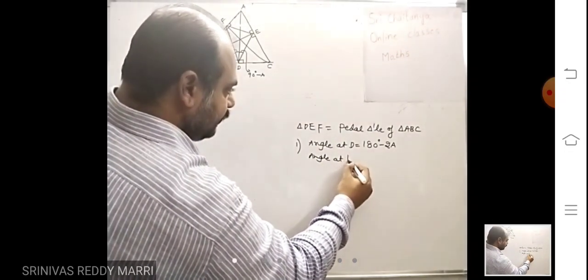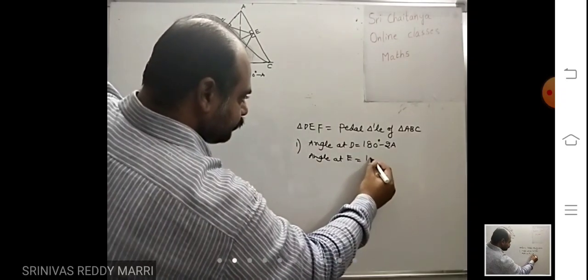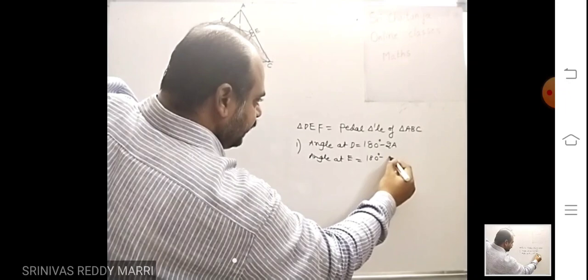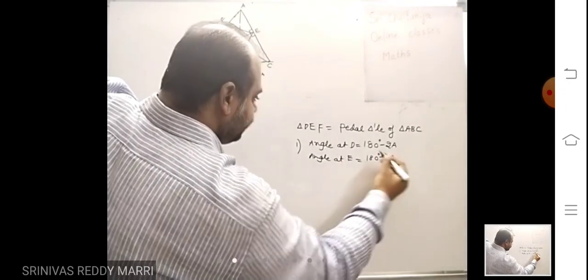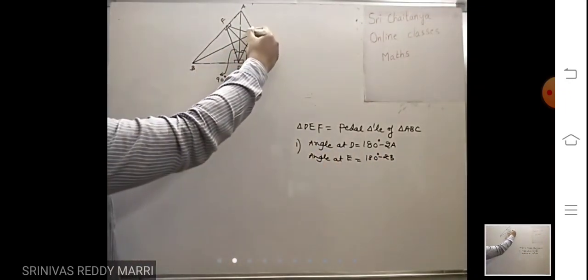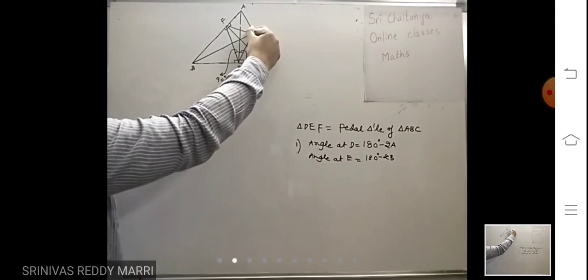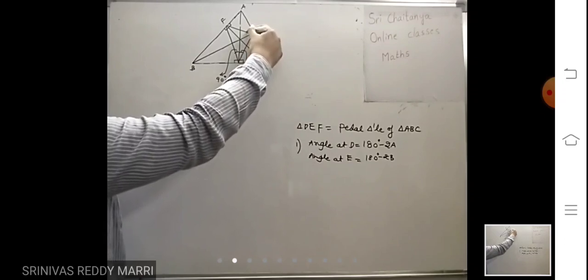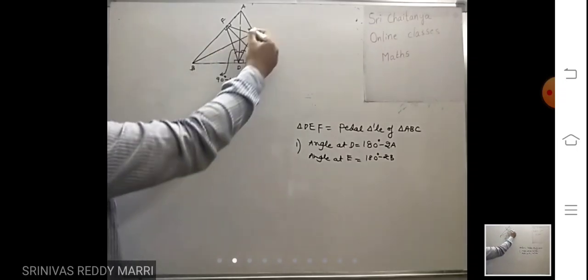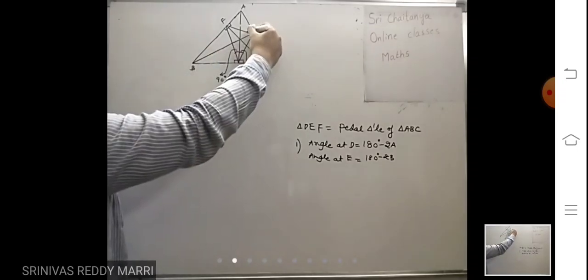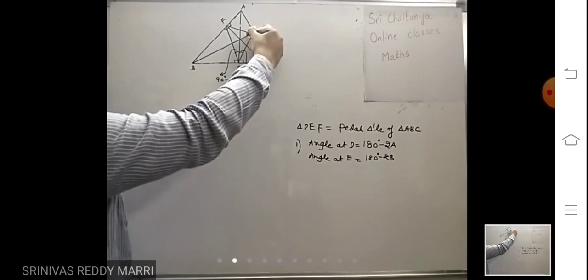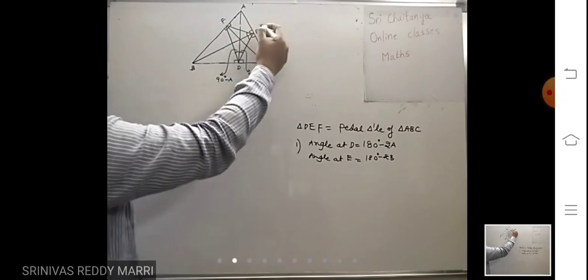So similarly, look at angle at E. It is nothing but 180 degree minus 2B. Angle at E means this one, this one, completely. Opposite to angle B, this will be 180 minus 2B. This angle is there and then this angle is there.